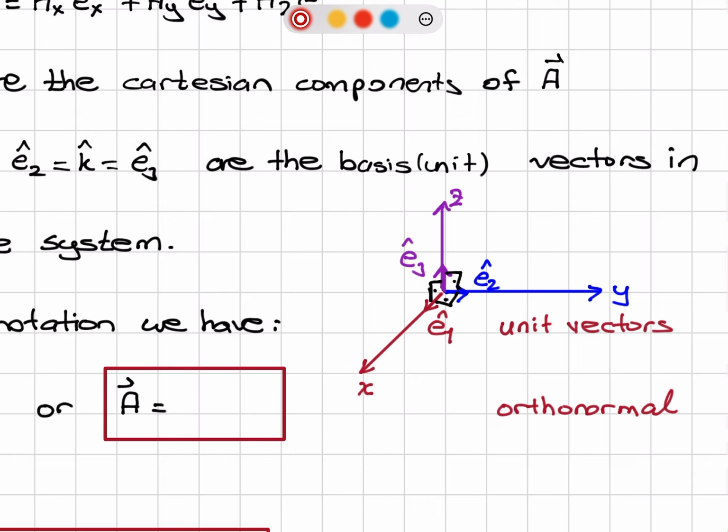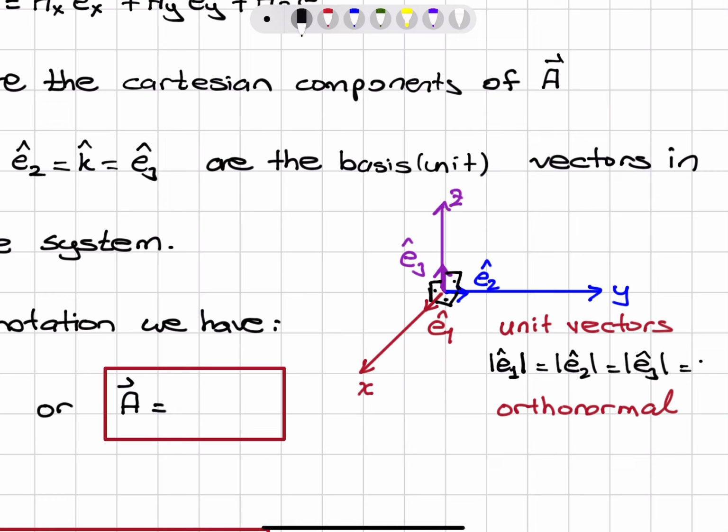So these are unit vectors. And we know that their magnitudes are shown with this absolute value here: e1 hat magnitude is equal to e2 hat magnitude is equal to e3 hat magnitude, and this is 1 because they're unit vectors and they're orthonormal to each other, which means that if I consider the angle between these two vectors, ei hat and ej hat, that angle is 90 degrees, which means their dot product will be 0 when i is not equal to j.